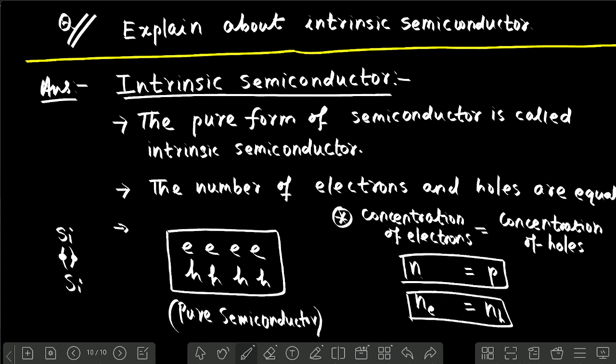Now suppose due to thermal energy, the bond of these two electrons is breaking. If this bond is breaking, what will happen? Now these electrons will come out. If electrons come out, what will be present there? Now here you will have absence of electron. This absence of electron is called basically what? Holes. Yes or no? So the hole and electron number is the same in a semiconductor.